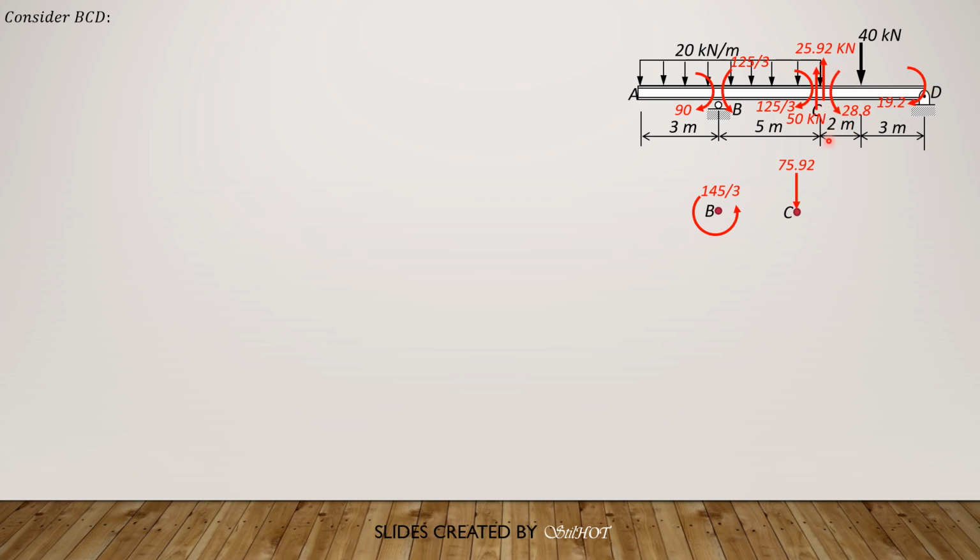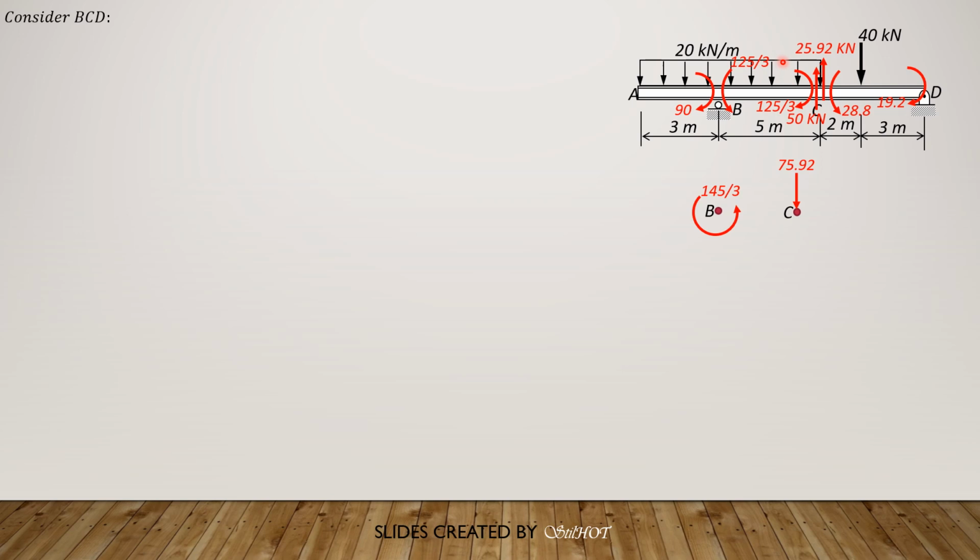Or, sorry, reaction times 5 plus 19.2 minus 40 times 3 minus 28.8 equals 0. Or the reaction here is 40 times 3 plus 28.8 minus 19.2 divided by 5. So you get 25.92. So 25.92 plus 50 is 75.92 upward, but the nodal force is opposite to that. So that's why you have 75.92 kilonewtons downward.